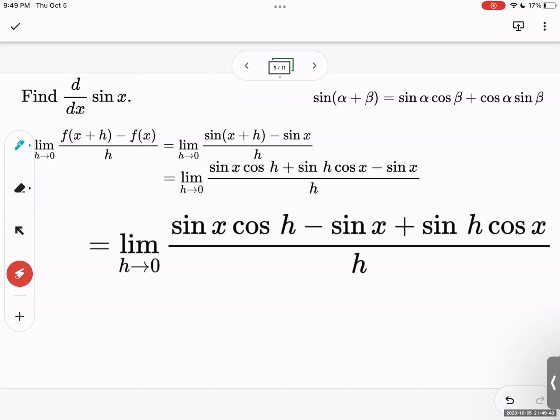All I've done is applied the commutative property and switched sine h cosine x with minus sine x. So now I'm subtracting sine x, and now I have sine h cosine x over here.